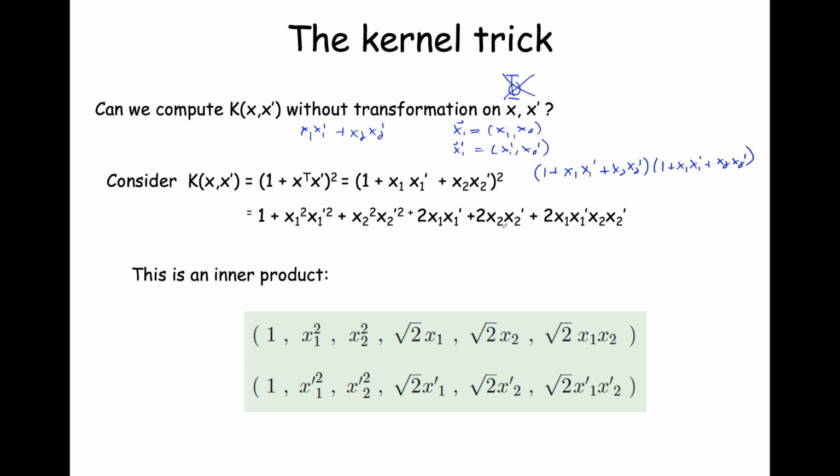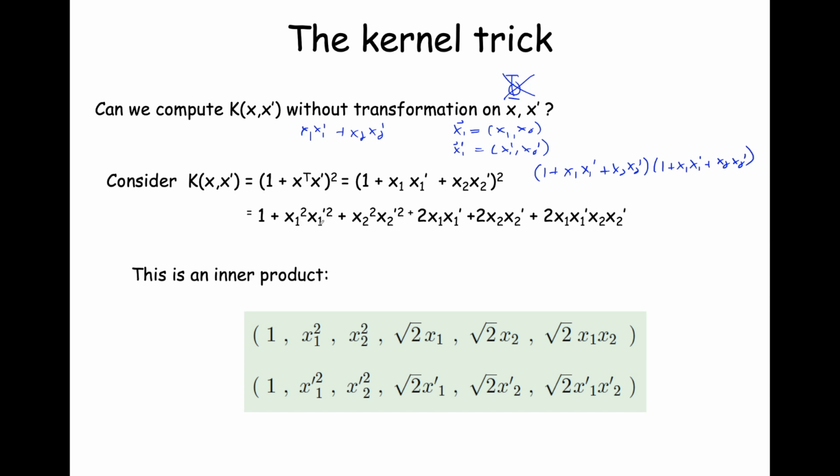Okay, so if we look at this expression, we think about what it would be the result of for an inner product. You notice each term has a contribution from x and x prime. And so if we isolate them, we have 1 times 1. Okay, that's like multiplying 1 times itself. Here, we have a contribution from x and a contribution from x prime.